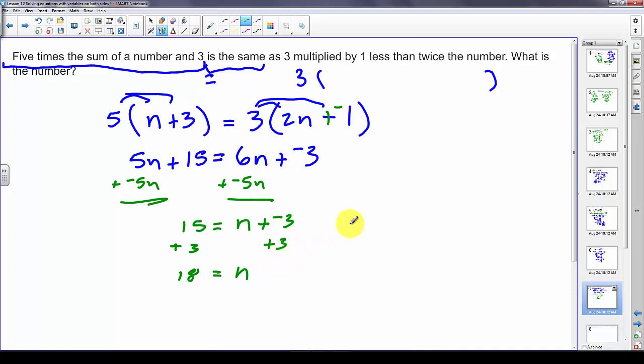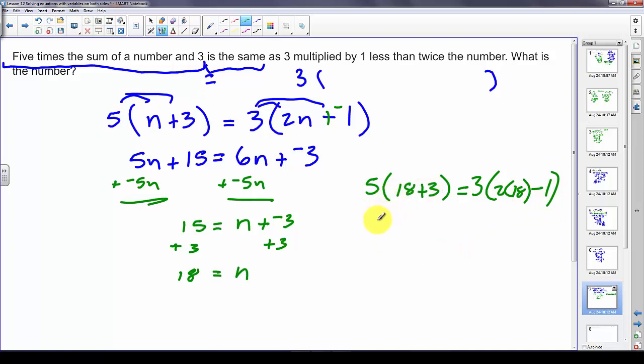You could just plug it right back in. So let's do that real quick. I had 5 times 18 plus 3, and that was supposed to equal 3 times 2 times 18 minus 1.